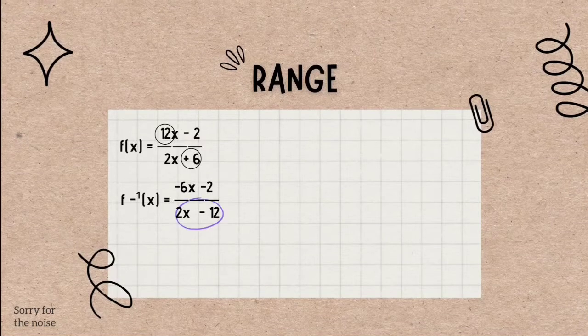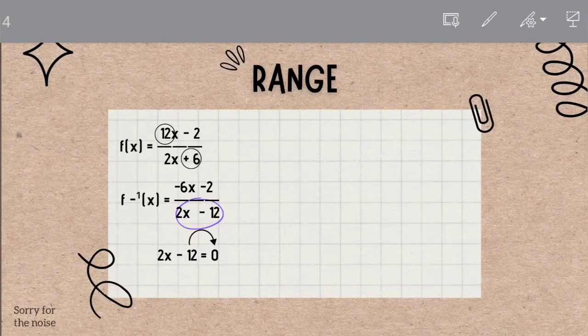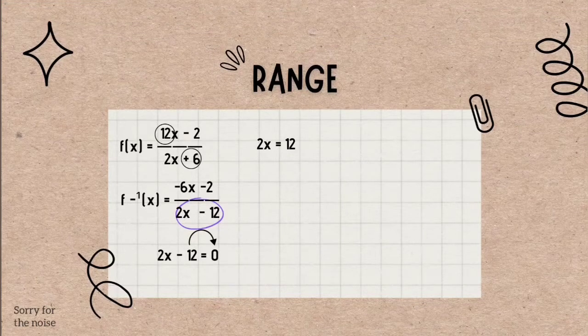So, equate natin ang denominator sa 0. 2x minus 12 equals 0. So, ililipat natin sa right side ang negative 12. So, yan. 2x equals 12. So, now let's start solving for x. 2x divided by 2. Cancel natin.